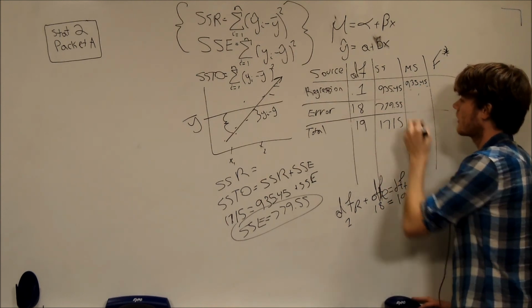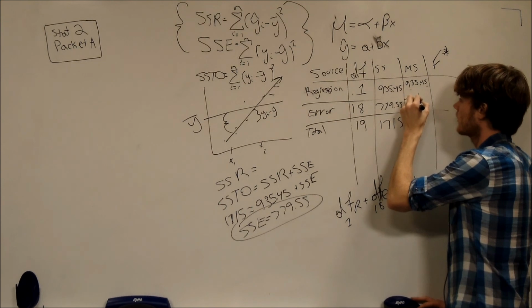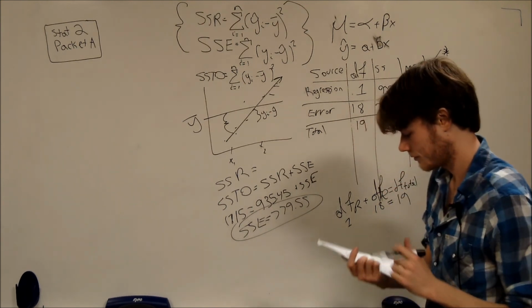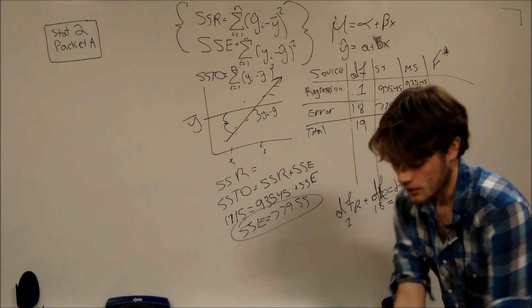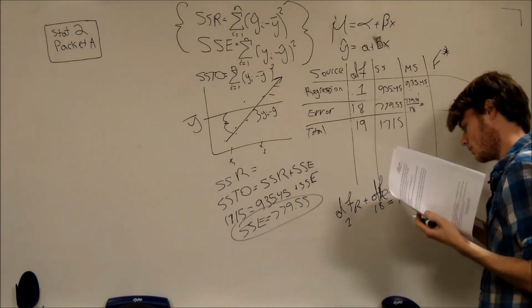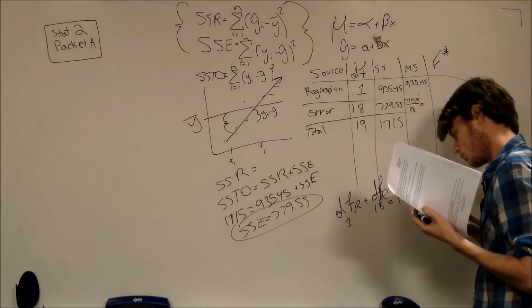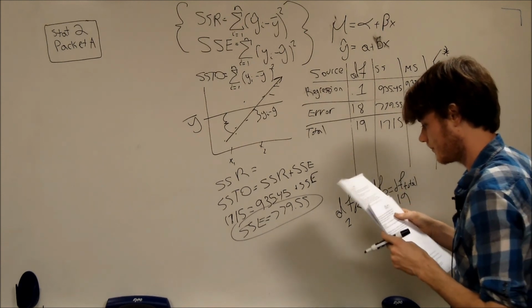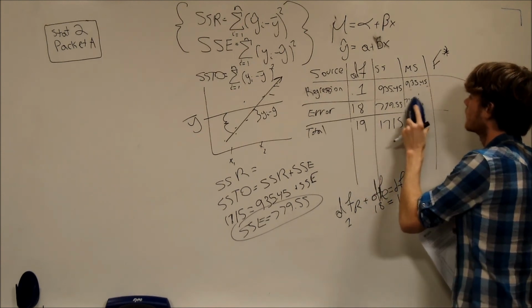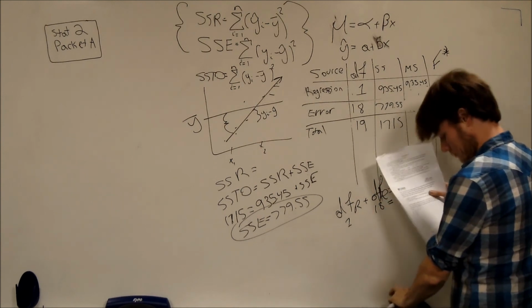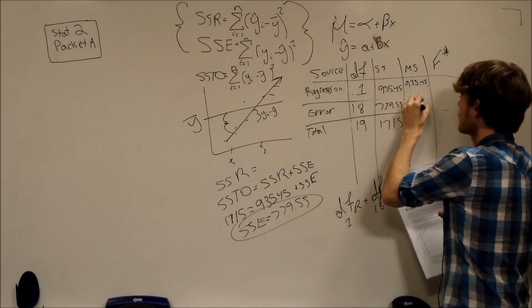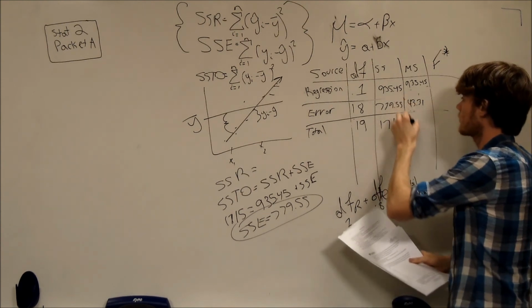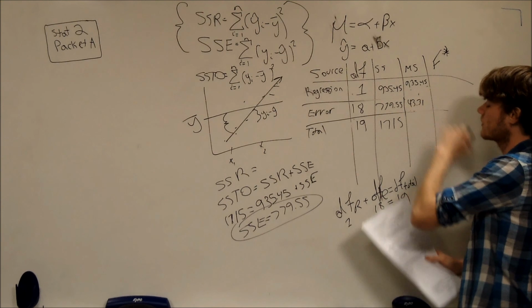And 779.55 divided by 18 equals 43.31. Okay. So you guys should check all these at home. I think it'll be extremely useful. Okay, and now to find our f value, we just divide the two.